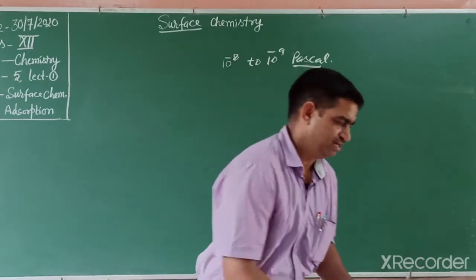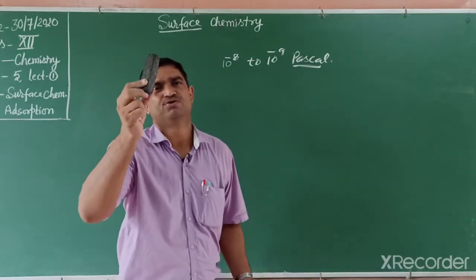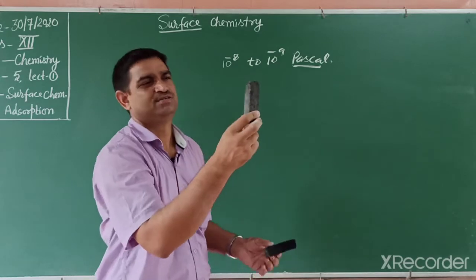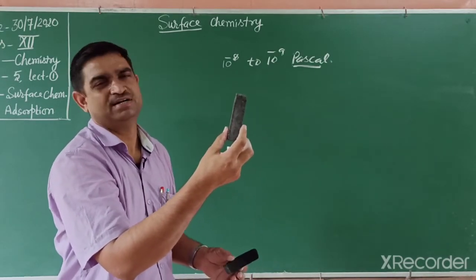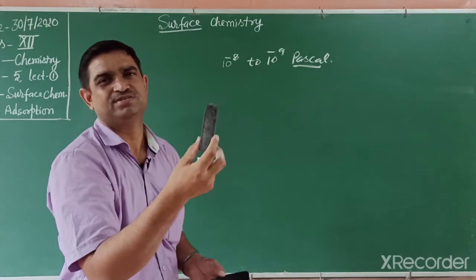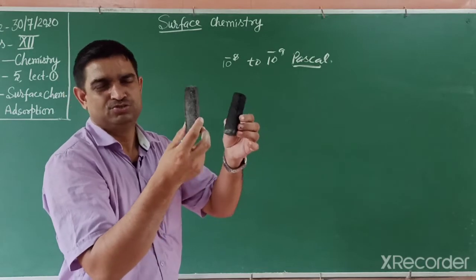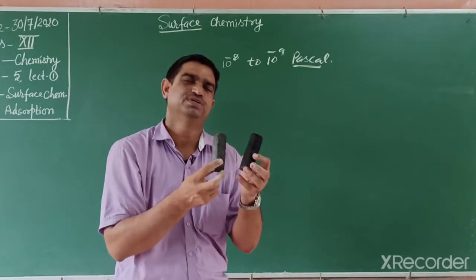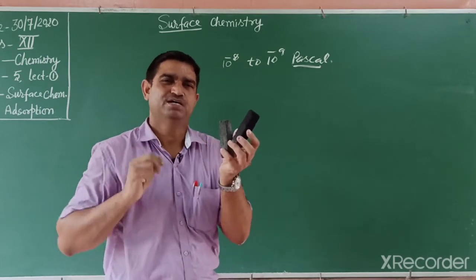Another adsorbent I can show you is charcoal, which is prepared when we burn a plant and, in destructive distillation, stop the oxygen. The use of charcoal is to clean raw sugar.